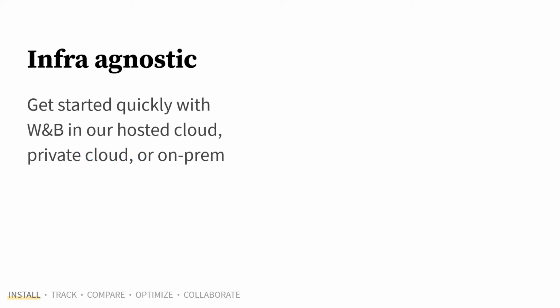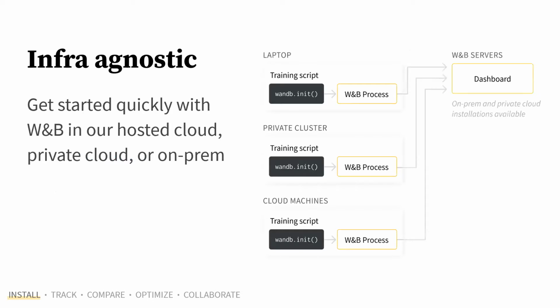I will go through them afterward. As I said, it's infrastructure agnostic, so train it on your laptop or on some private cluster, AWS, GCP, Kaggle kernel. Everything will be synced to one dashboard or one project, and that's going to be really useful.